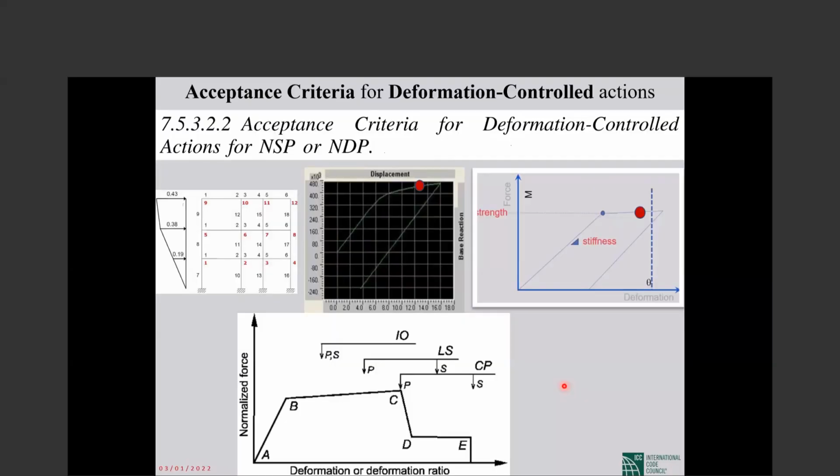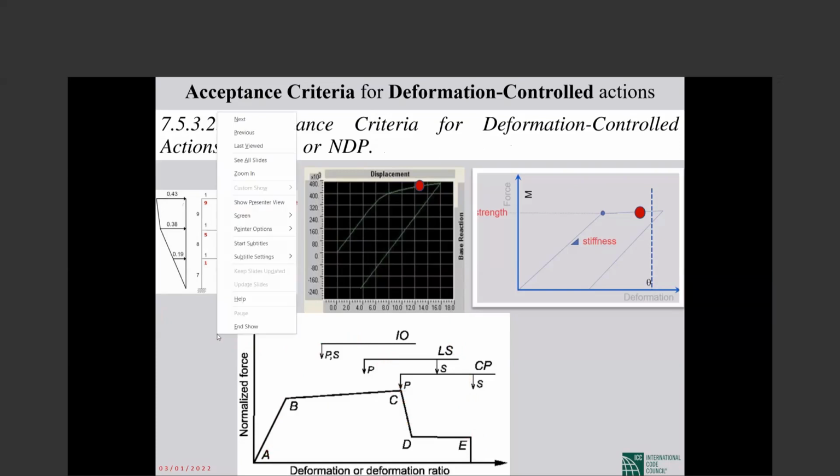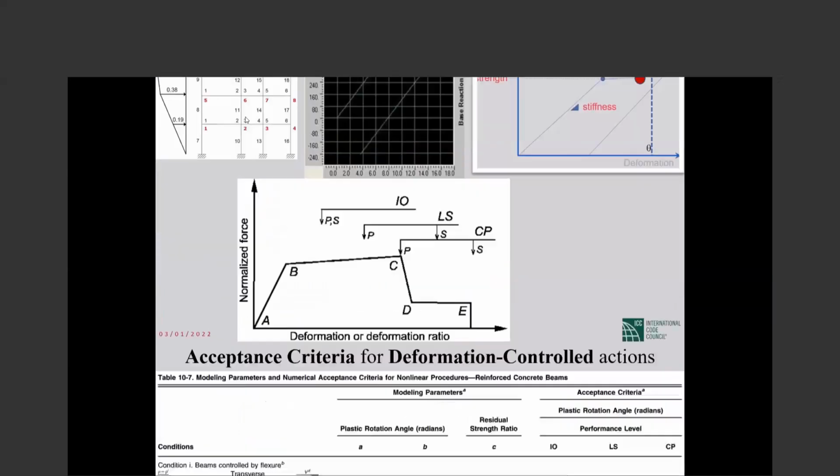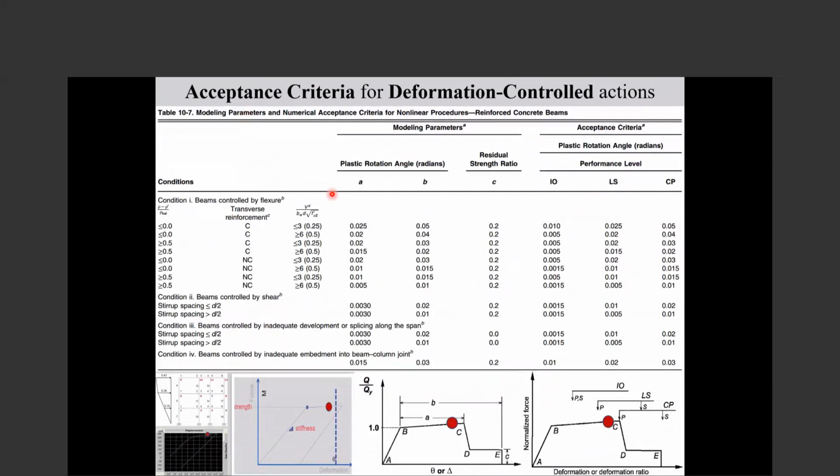This is very important. And how do we find this modeling, where can we find this modeling and this acceptance criteria, I mean everything that we need? Both we and some of the software use these tables in the codes and get what we need.